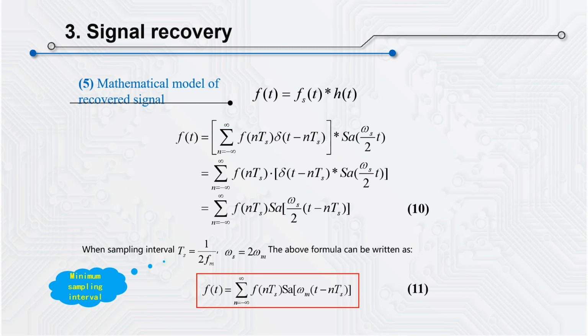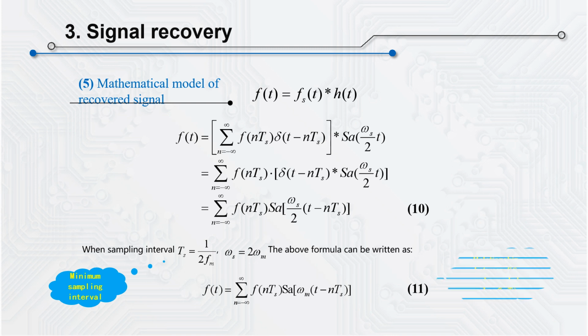The maximum value of Sa appears at nTs. Its maximum value is the value of the sample signal at nTs. In this way, Formula 11 expresses a relationship between f(t) and the sampled value f(nTs).